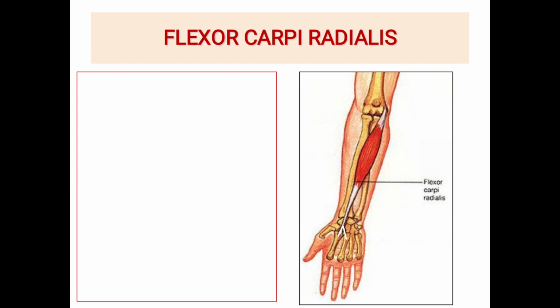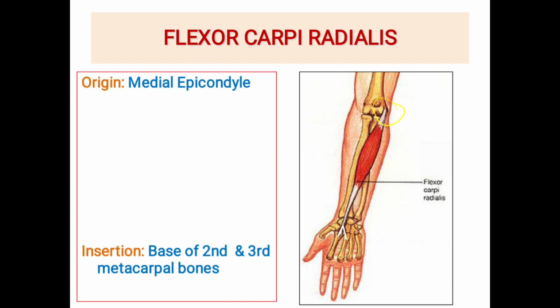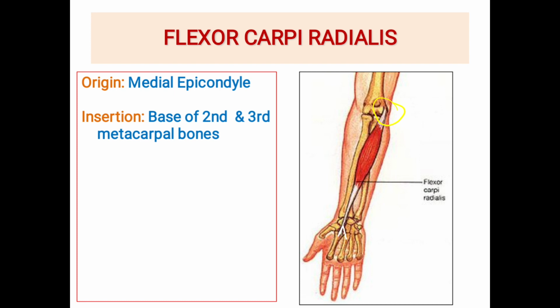So again, as I have said, the common origin of the muscles of the anterior forearm is the medial epicondyle. So flexor carpi radialis has origin from the medial epicondyle, and it is inserted to the hands, specifically to the base of the second and third metacarpal bone.